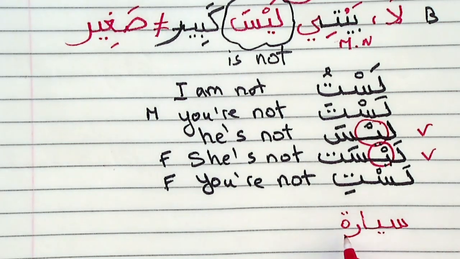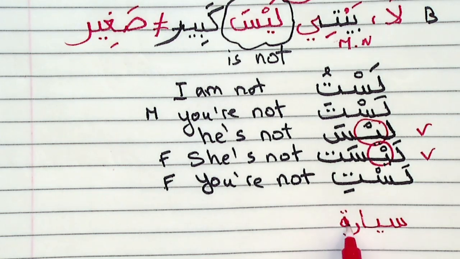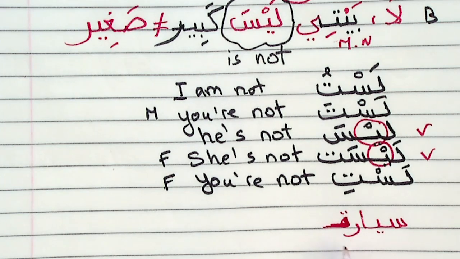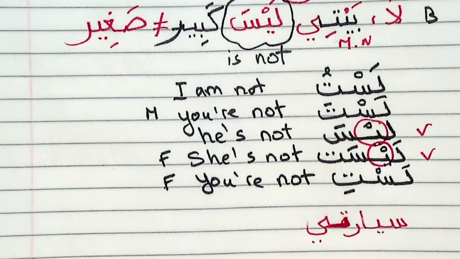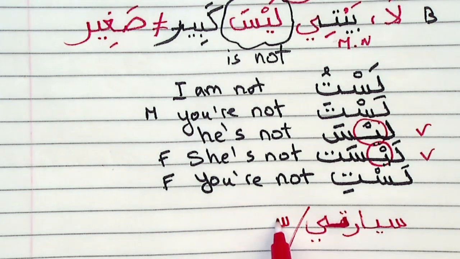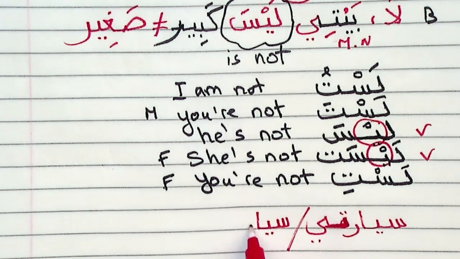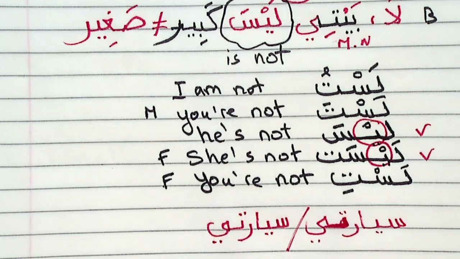So I'm going to change the ta marbuta to become "my." You see how I'm doing it? This takes the regular t. Sayyarati, my car. Let me write it clearer here. Sayyarati, the initial form of ta.